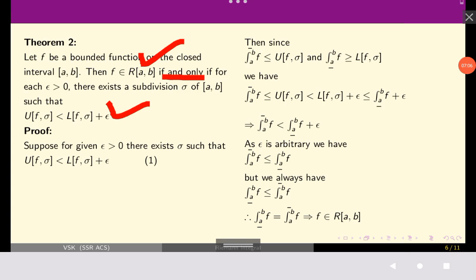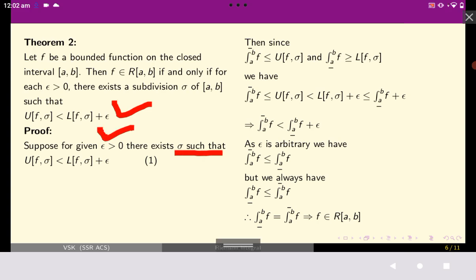We start by supposing that this inequality holds. So suppose for given epsilon greater than 0, there exists a sigma such that U(f, sigma) is less than or equal to L(f, sigma) plus epsilon.